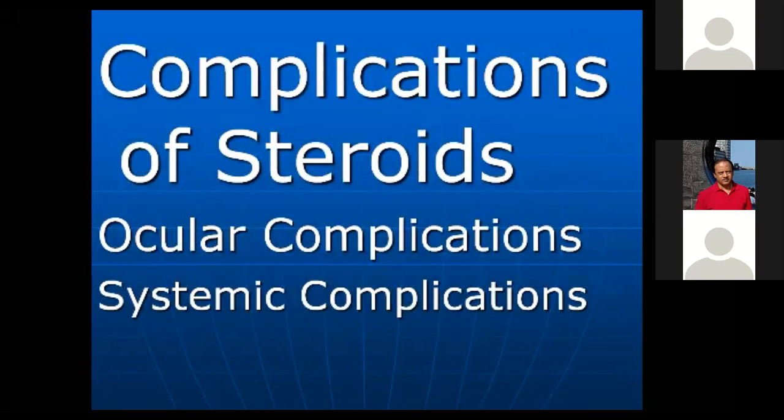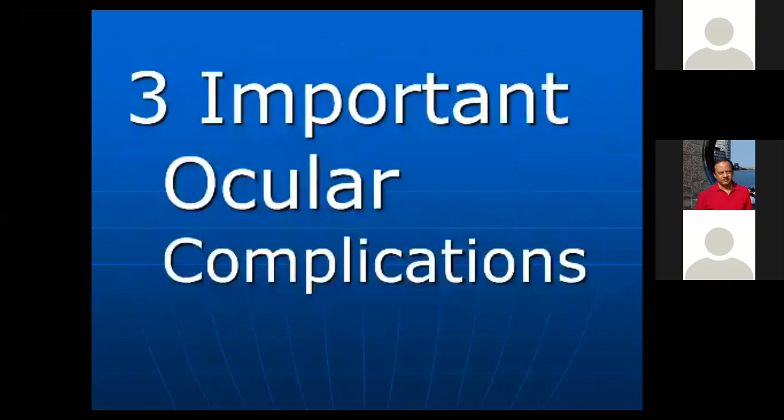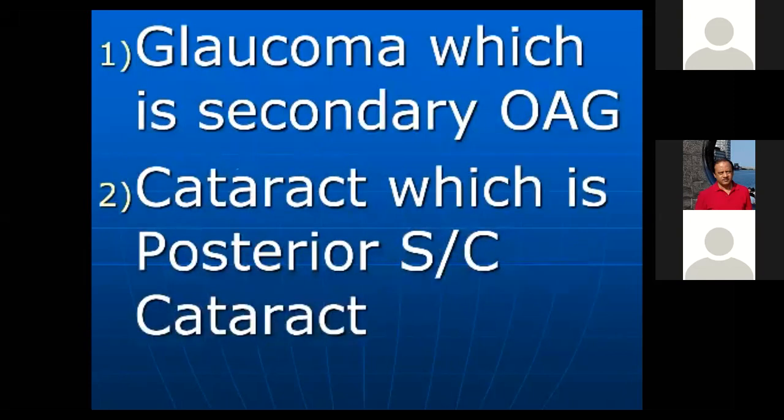Now, all the steroid drops have certain complications. These complications can occur either in the eye, or they can also lead to systemic complications even with putting eye drops. Now, the ocular complications, just remember 3 important ocular complications of corticosteroids. Number 1, glaucoma.